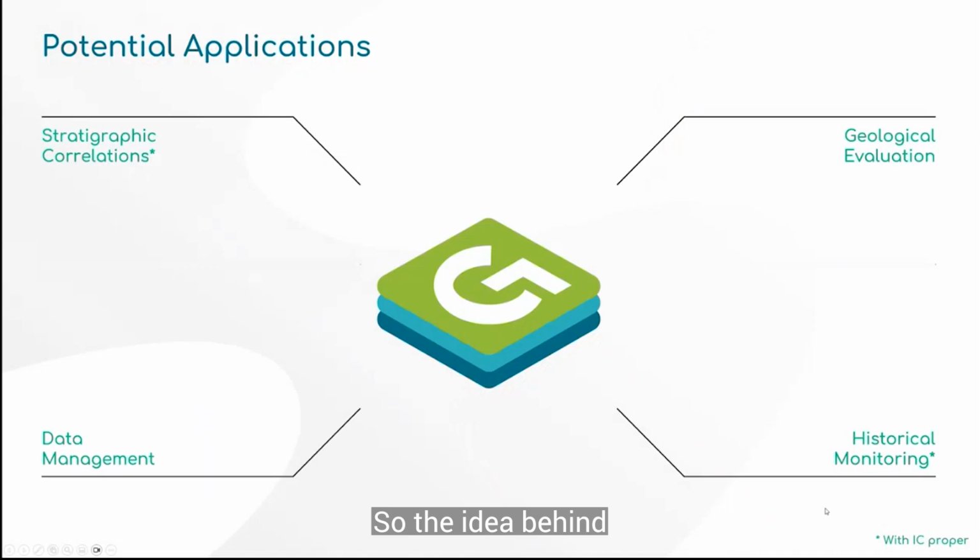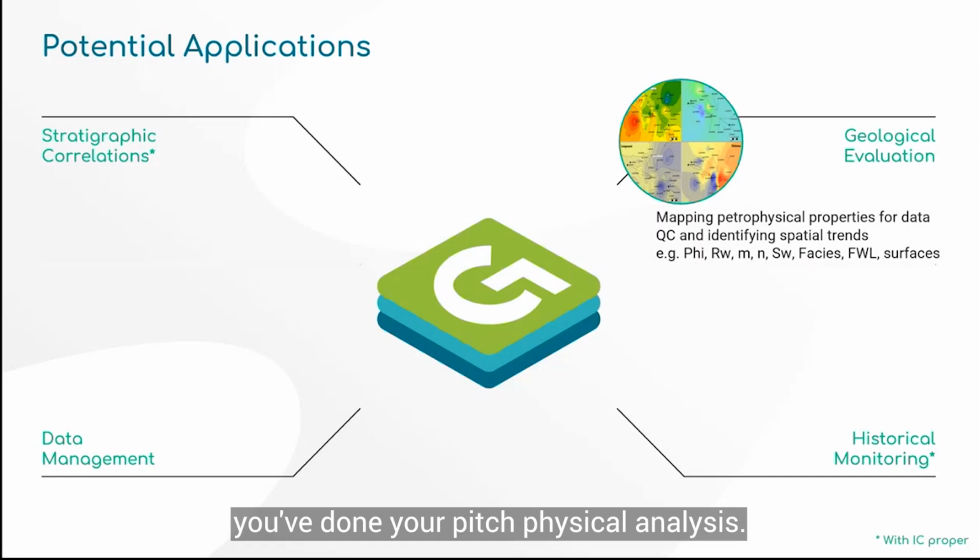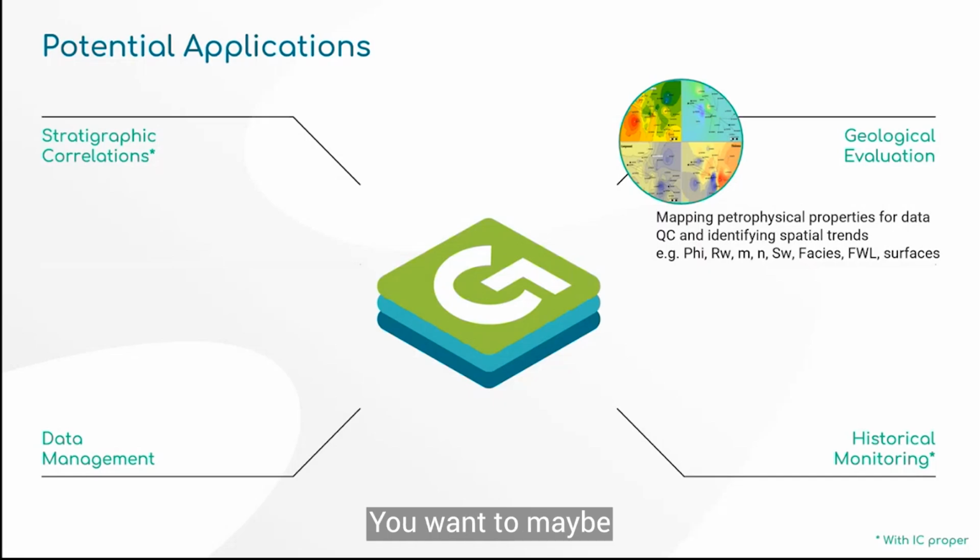Okay, so what I want to highlight here as I wrap up are the potential uses and what you could have the mapping do for you. If we start with simple geological evaluation, you have your parameter sets, you've got your curves, you've done your petrophysical analysis. You want to maybe, I don't know, traditional hydrocarbons, right?